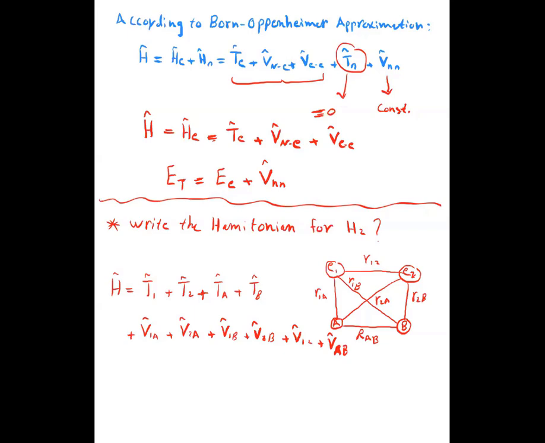So how many terms now? We have 6 potentials and also 4 kinetics.